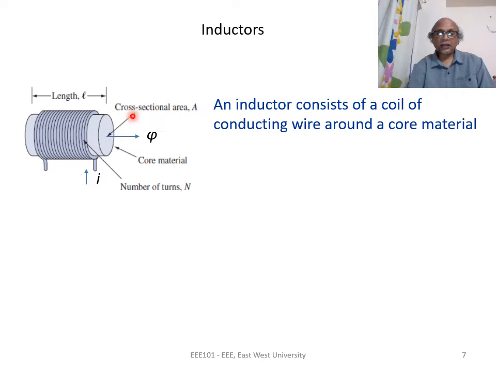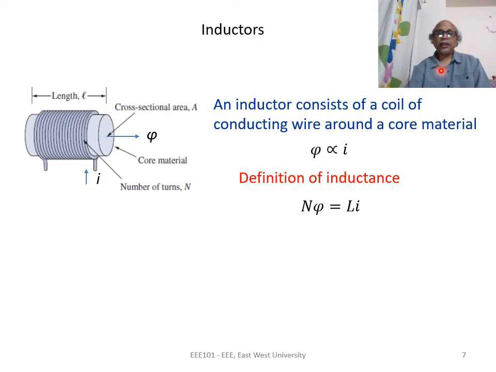This magnetic flux, which is produced by the current, by observation, is proportional to the current. Phi is proportional to the current. This is one of the most important properties of the inductor. We can get rid of the proportionality sign by introducing a proportionality constant, and we can write this equation.